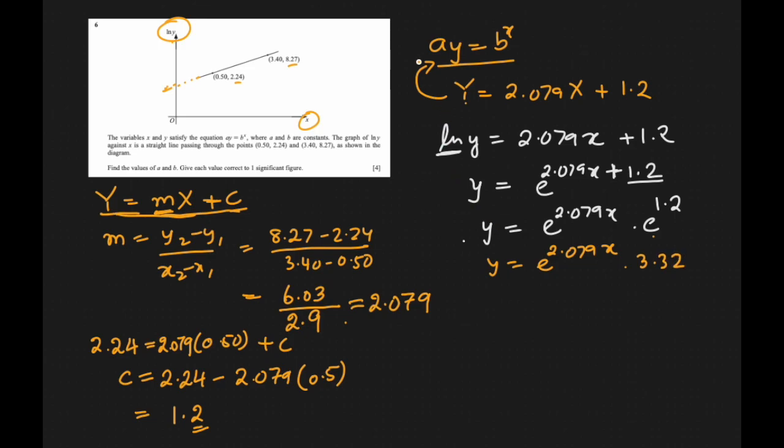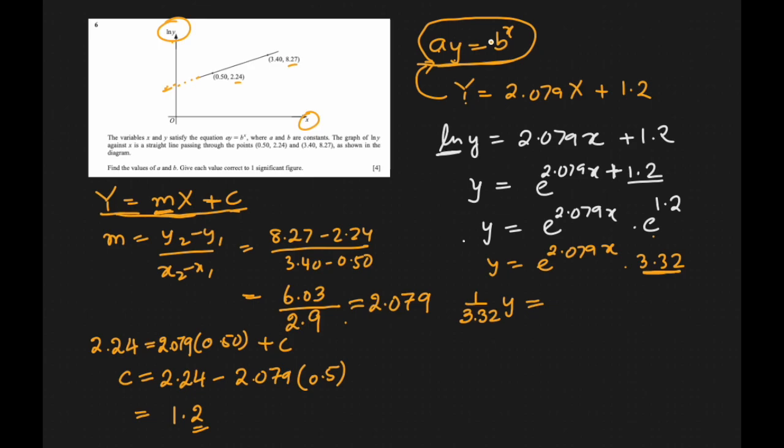Now if we look at our format, we want a to have a coefficient. So this 3.32, because it doesn't have any variable with it, we can bring it here. It will become 1 over 3.32 y. So we got a coefficient for y.